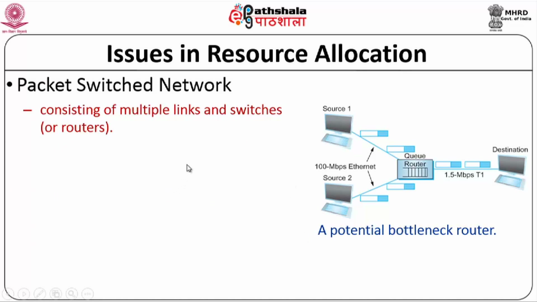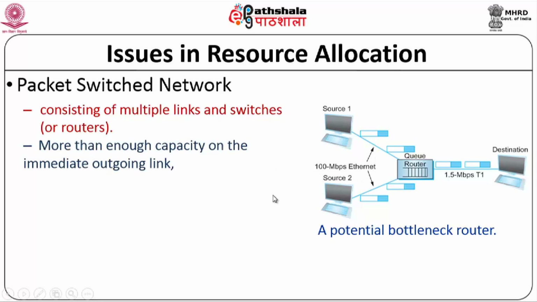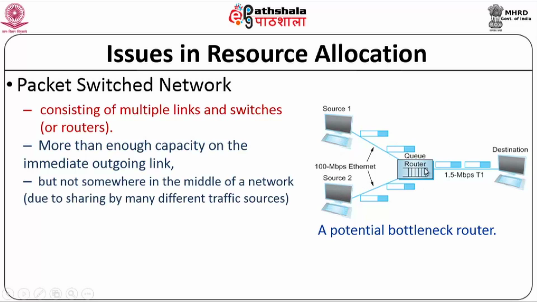Given that we are talking about a packet switched network such as IPv4, which consists of multiple links, switches, and routers, the capacity of each of these links varies. For instance, you could have more than enough capacity on the immediate outgoing link, but somewhere in the middle of the network, you may not have enough resources. Take this example.